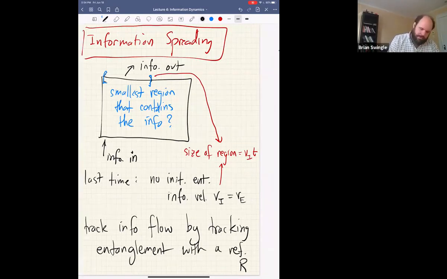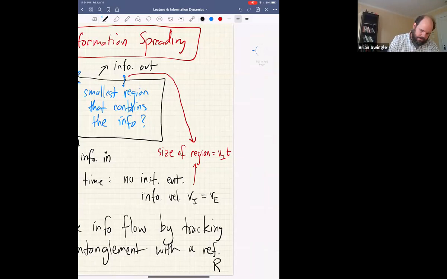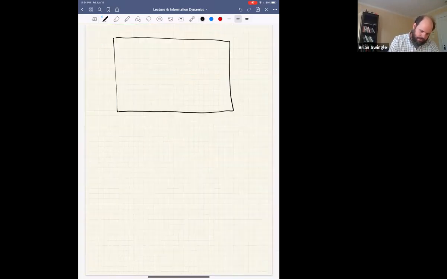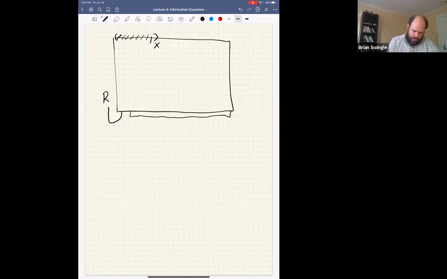So here's the picture. Let's put our information in with our reference R. Let's consider a region here, which starts on the left side and goes out to distance X. And let's say down here, we have some kind of entangled initial state.